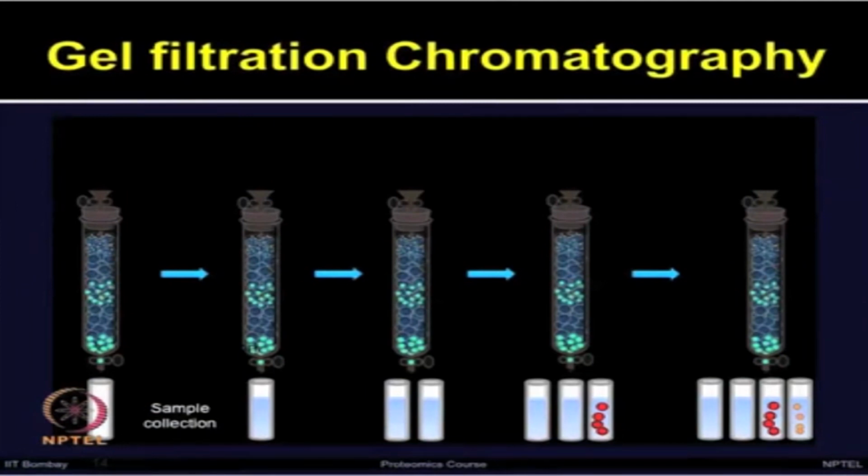You can expect that larger proteins will elute first, and then the small molecules will be eluted later. Gel filtration chromatography is useful for removal of contaminants, doing desalting steps, as well as for buffer exchange. However, its drawbacks are its low capacity, broad distribution of pore size and small sample volumes to be analyzed.